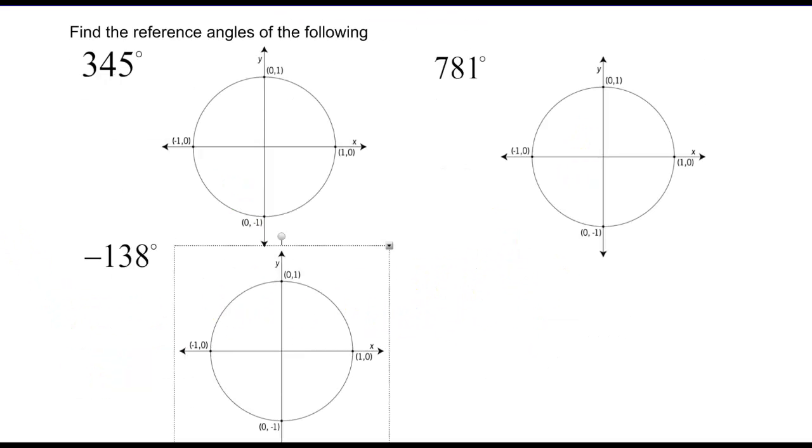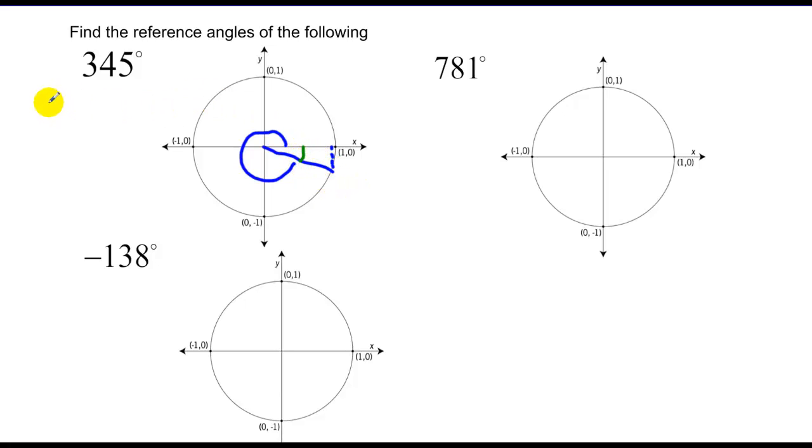Let's keep going so we can get a good handle on this, because this is really important. 345 degrees, right around here, and that goes all the way around. And what that states is this is some horizontal and vertical distance away. I want to know how far away from this x-axis am I?